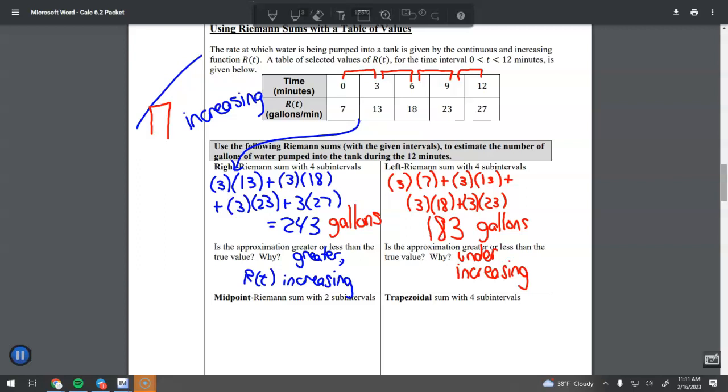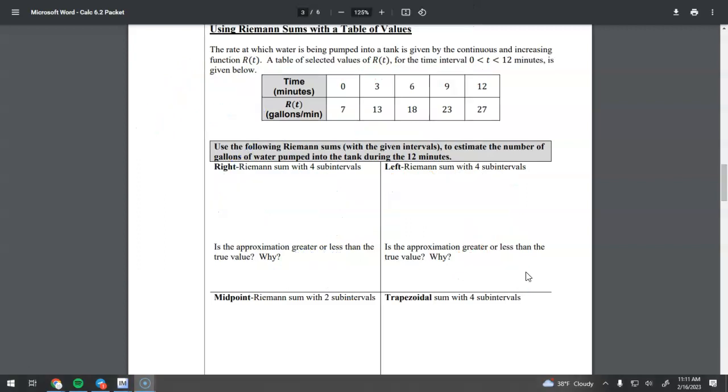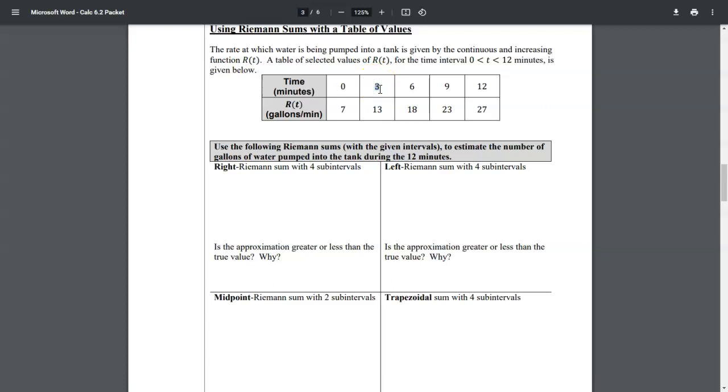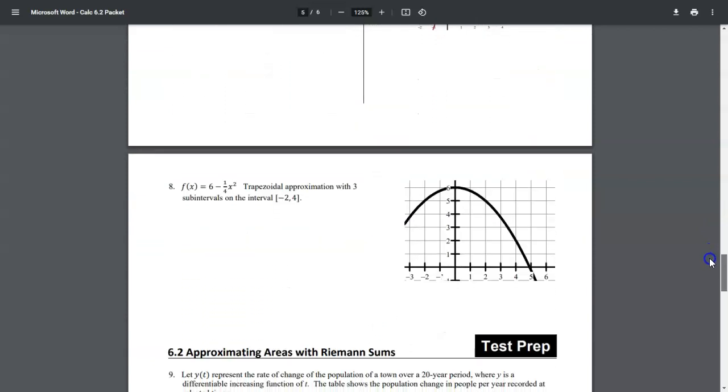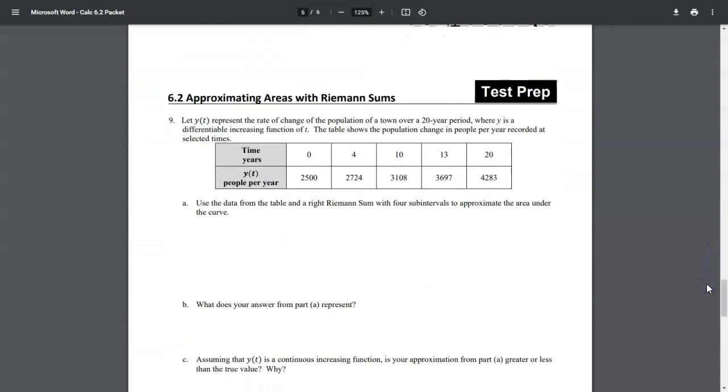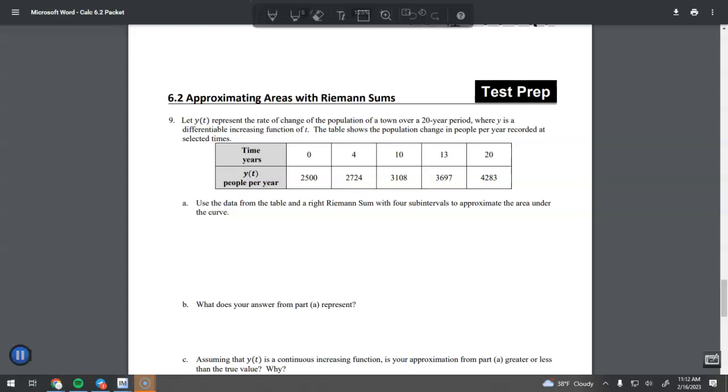I think the tables are way easier, because you don't have to find these numbers. They're just there. Does it have to be the same, like 3, 3, 3 all the way across? It doesn't. I've seen tables like 0, 2, 10, 15. Number 9 is a little weird, and they just use the differences like 4, 6, 3, and 7. Does it make a difference that you use different numbers? No, it's just different. It's kind of easier if your bases are all the same, like 4, 4, 4.